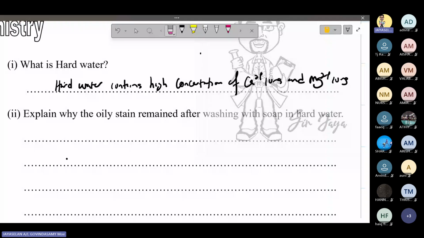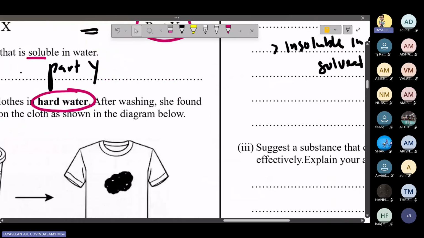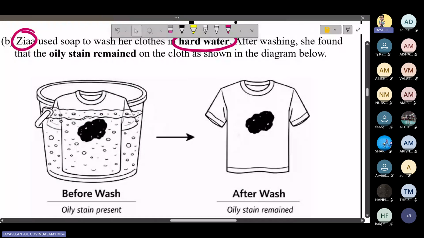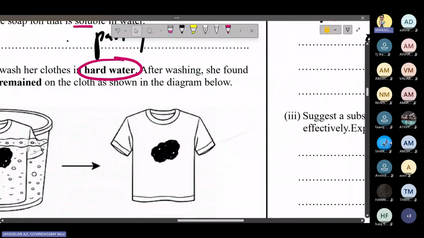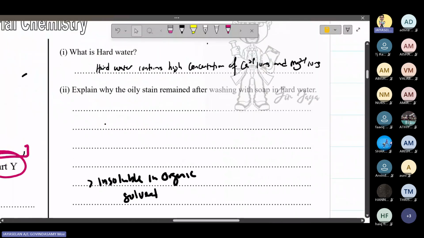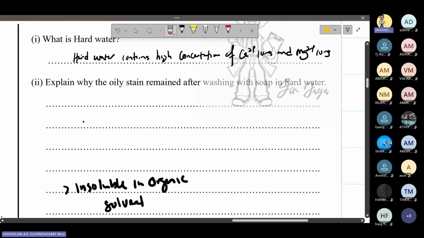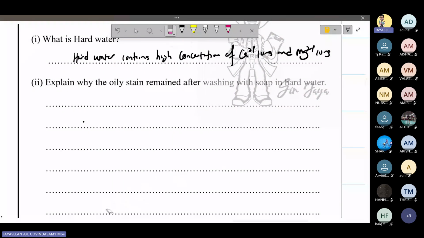Explain why the oily stain remains after washing with soap in hard water. You see the diagram? They wash with hard water. After finishing washing, the oily stain remains. Why? If they ask in the exam, how do we answer? This is 3 marks or 4 marks. First point: what is hard water?